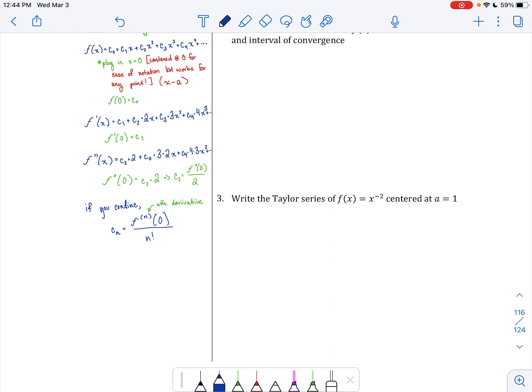So what this tells us is that the function of x is equal to this long polynomial.